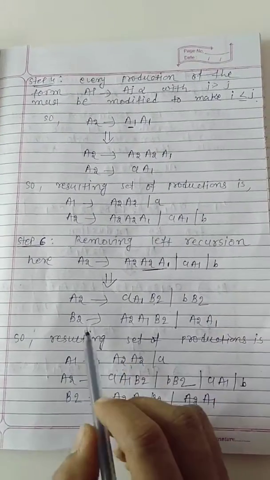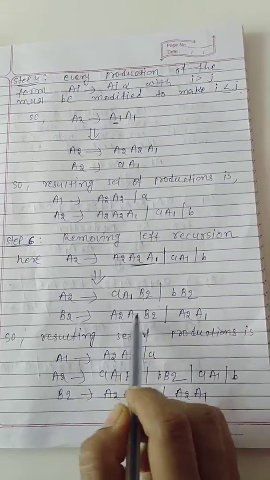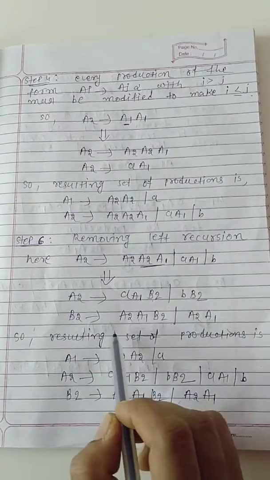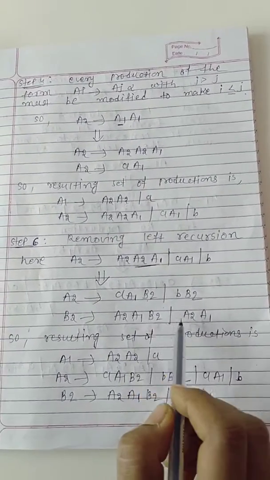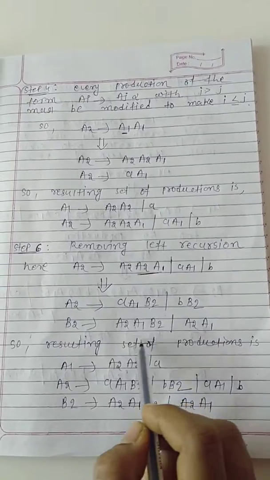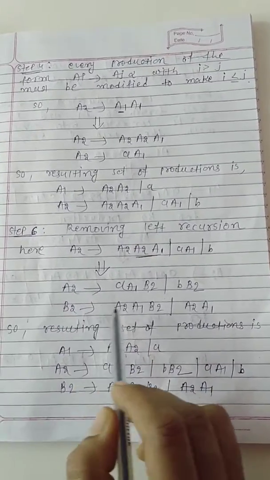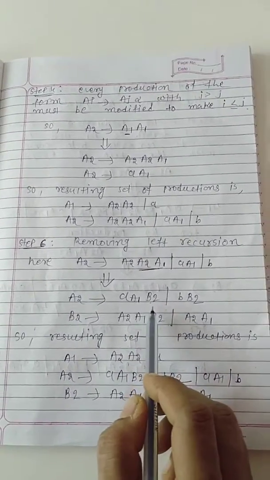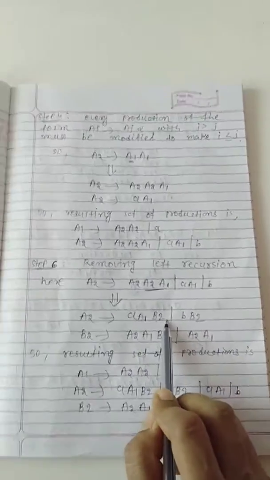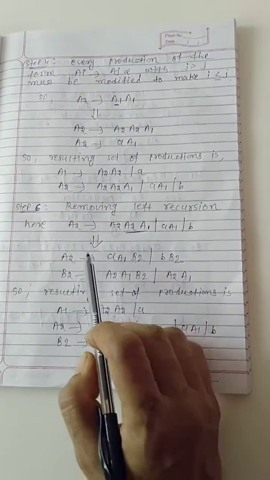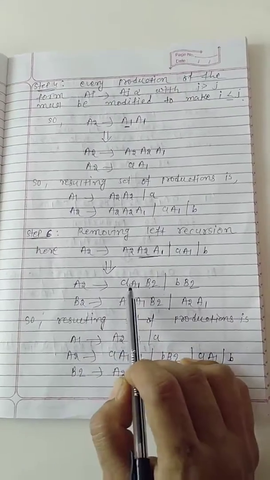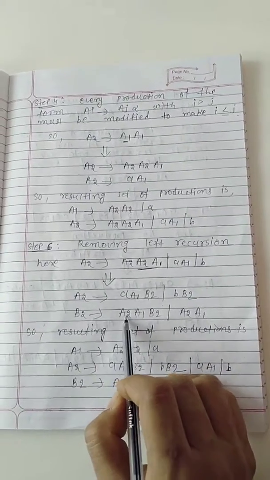And what is the value of B2? B2 tends to A2 A1 multiple times, so A2 A1 B2 and A2 A1. By applying the value of B2 over here multiple times we can generate the A2 A1 form. So we have removed the left recursion. Now check over here, there is A2, there is small a, here B2, there is A2.